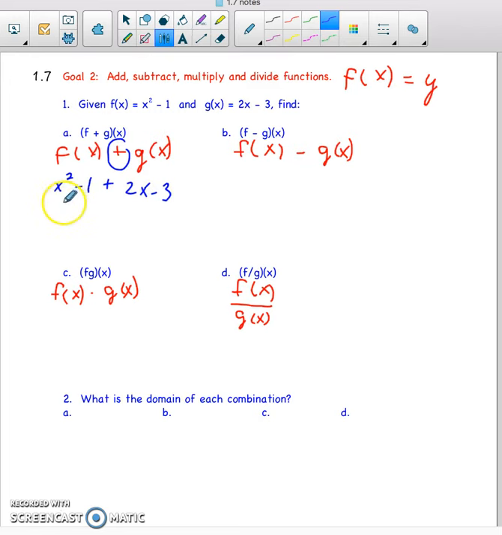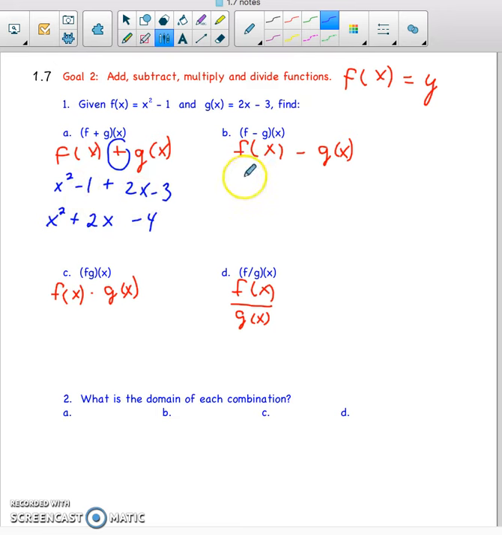So here we only have the addition and subtraction. I'll start with x squared, and as I look through the entire polynomial function, there is not another like term for x squared, so we'll bring that down. Negative 1 has a like term of minus 3. Negative 1 minus 3 is negative 4. And then 2x does not have a like term. So we're adding the like terms.